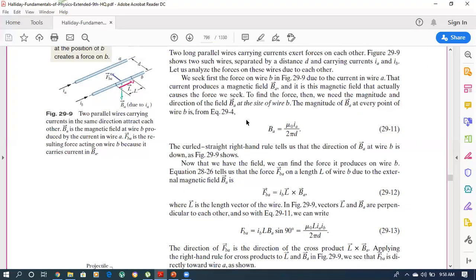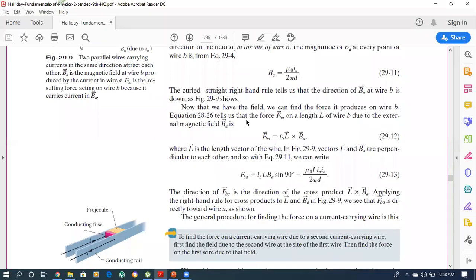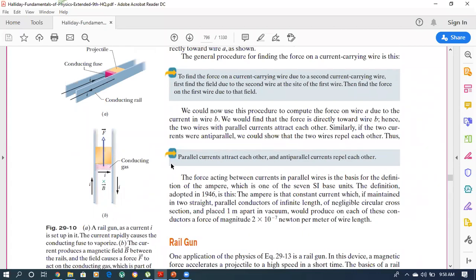When wires are in parallel and the current is flowing in the same direction, you can determine the effect of one wire on the other, and what will be the direction of the magnetic field. But it is important: parallel currents attract each other and anti-parallel currents repel each other. Remember this. Whenever the currents are parallel in direction, they will attract each other.